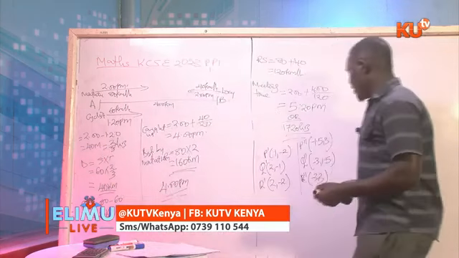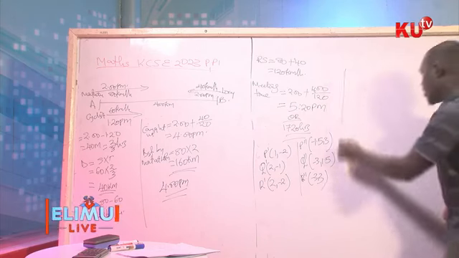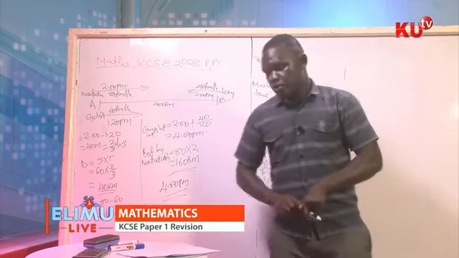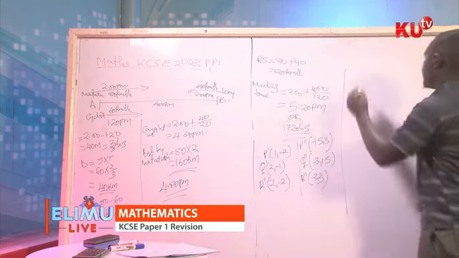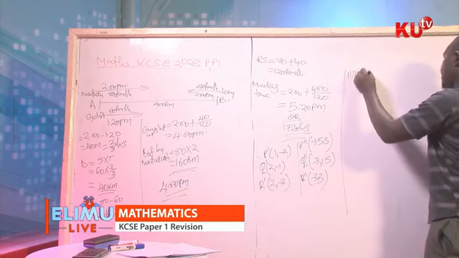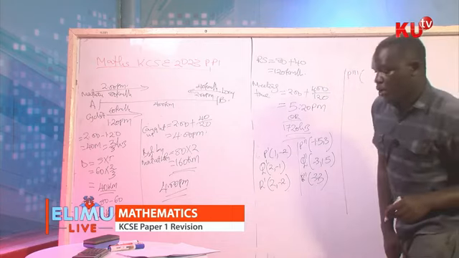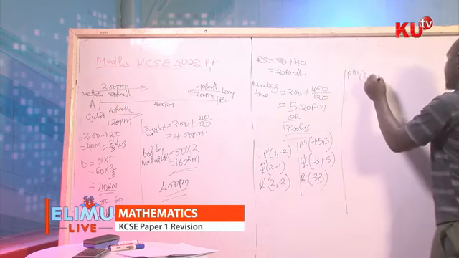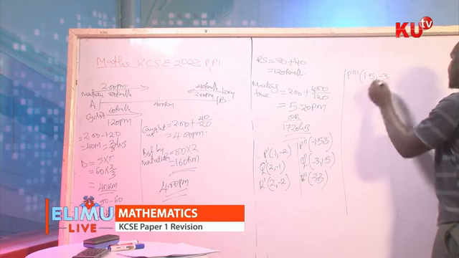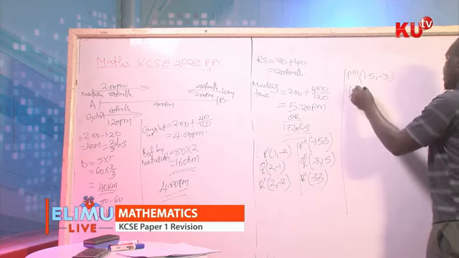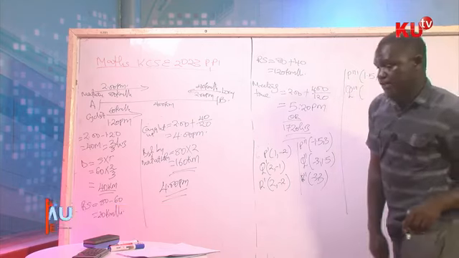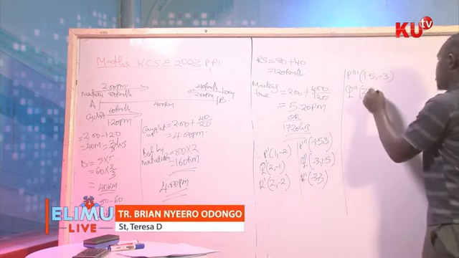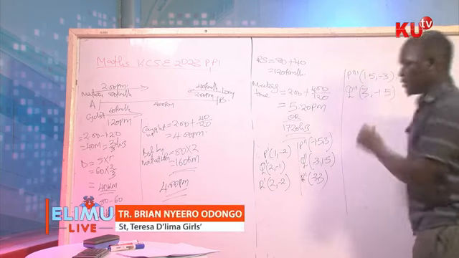So if you do it very, very well, dear students, I'm hoping that you are able to get P triple prime. The coordinates of P triple prime will be 1.5 comma negative 3. Q triple prime, you will be able to get 3 comma negative 1.5.